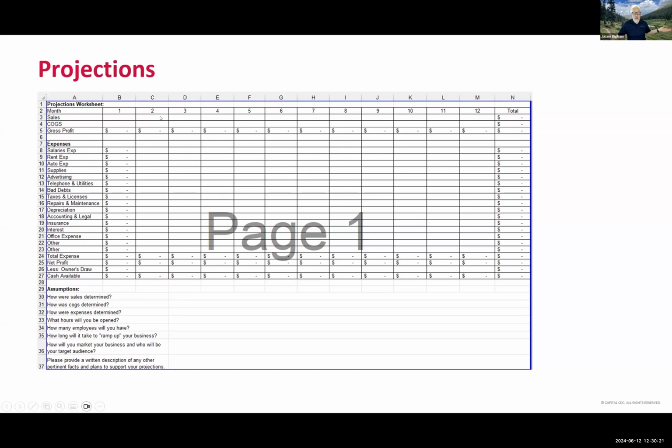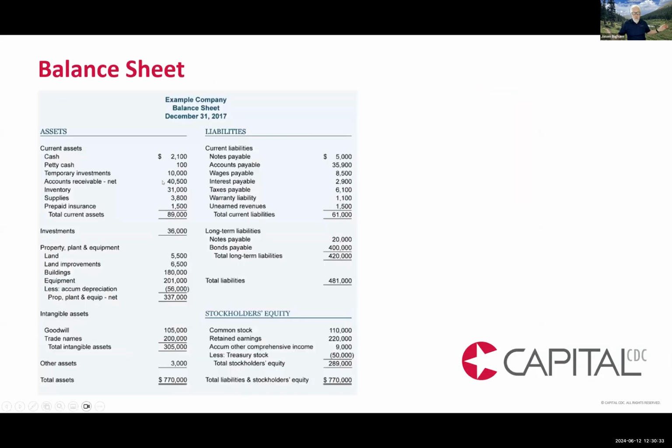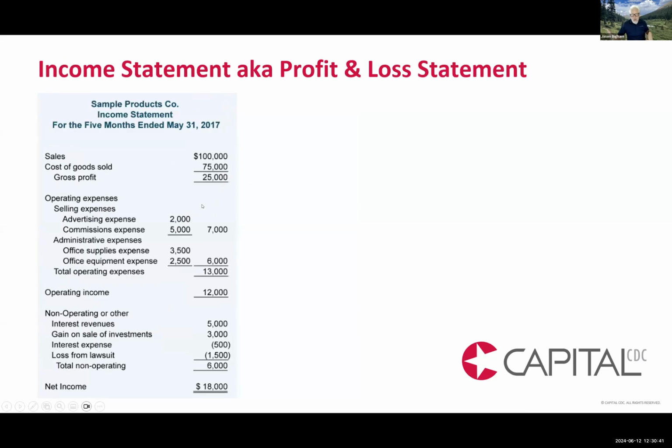And then you would expect that over months 2, 3, 4, 5, 6, 7, 8, all the way through the end of the year, it'll ramp up as you become more established and as your customer base grows. And we apply that to these income statements or profit and loss statements when we see those, because we compare them periodically. We compare year to year and period to period. We want to see, hopefully, an upward trend. That's what your lender wants to see.